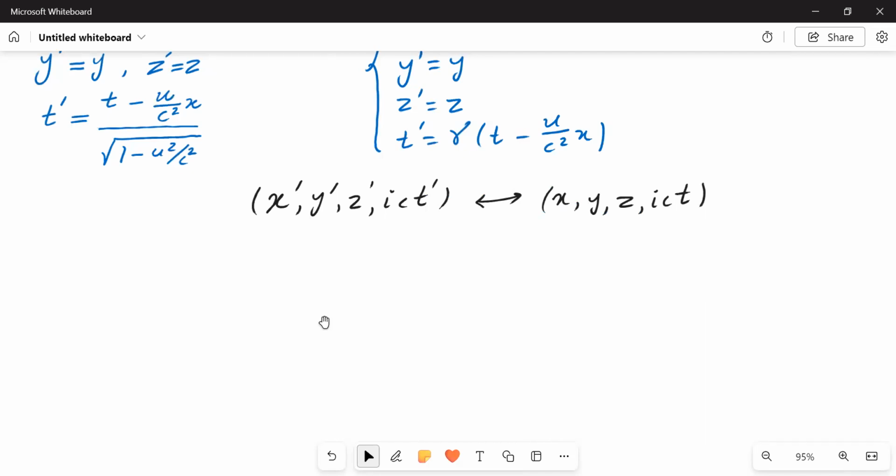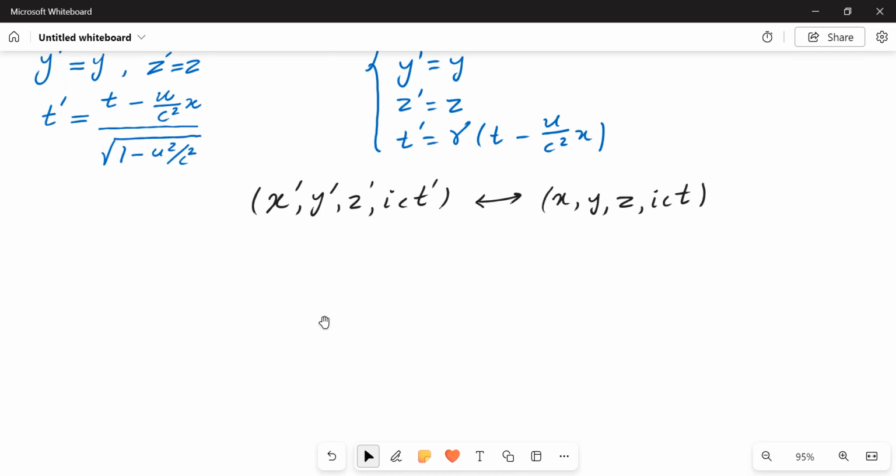Now, a 4 vector is a generalization of an ordinary 3-dimensional vector with a 4th component. And through Pythagoras' theorem, we know that the norm of a vector is the square root of the sums of the squares of each component.